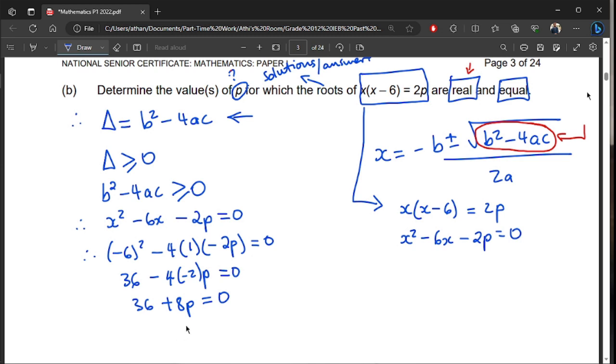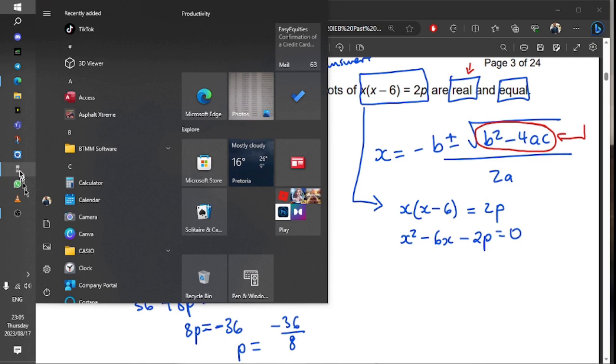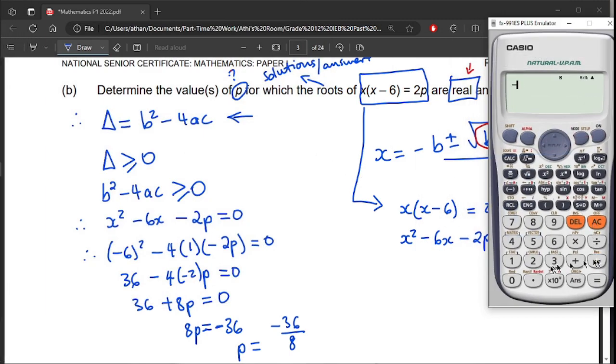Then now you can solve for the value of p, meaning I have to transpose 36 to the other side, and then the sign is going to be negative. Sorry about that. Therefore, the value of p now is just minus 36 divided by 8, which you can simplify to negative 9 over 2.